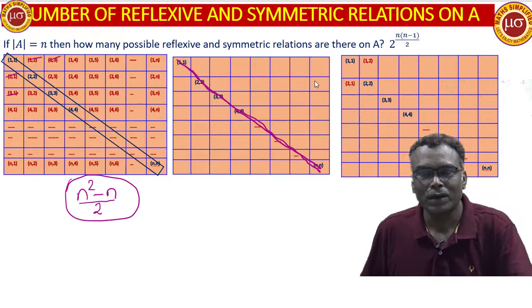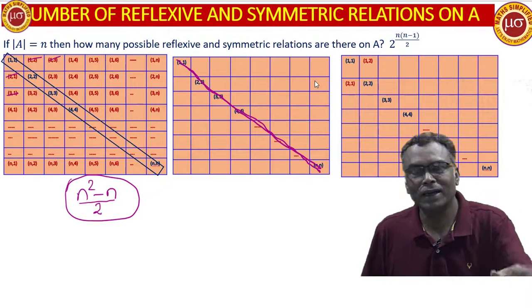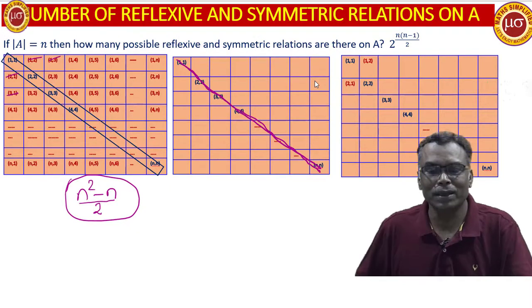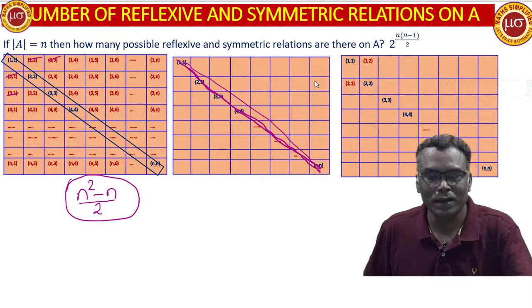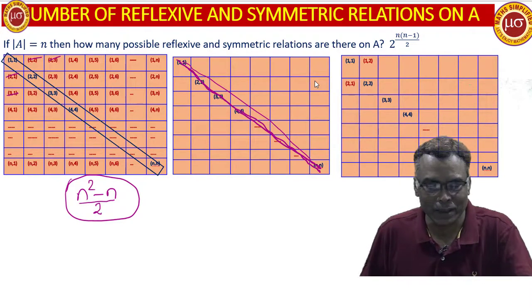So by leaving, I get a reflexive and symmetric relation, and by taking, I also get a reflexive and symmetric relation, because for reflexive I have fixed the diagonal. If I take something, 1 2 along with 2 1 will go and make it reflexive as well as symmetric.